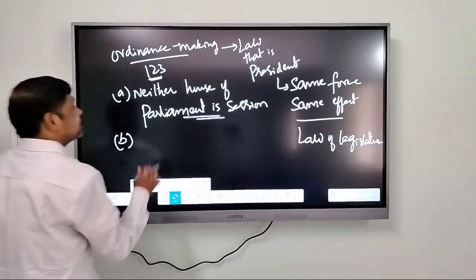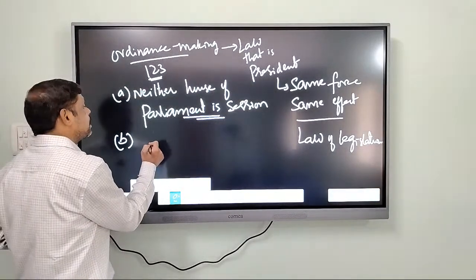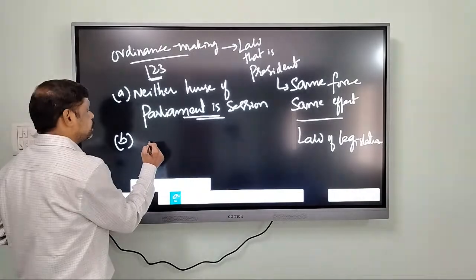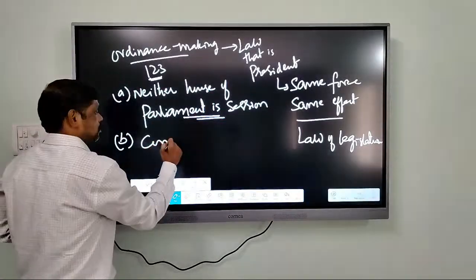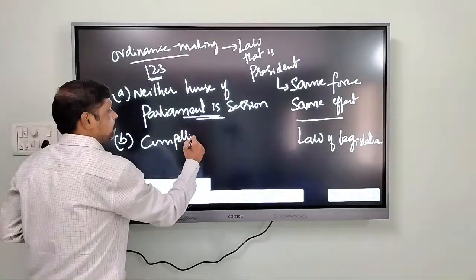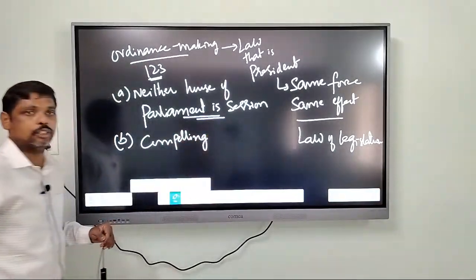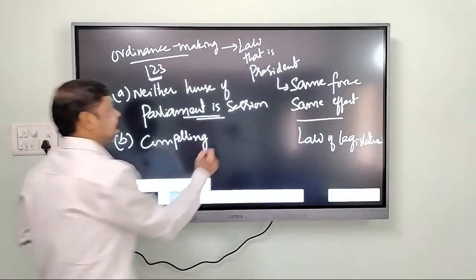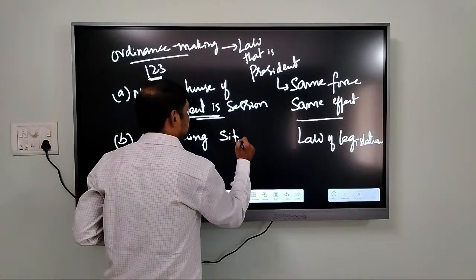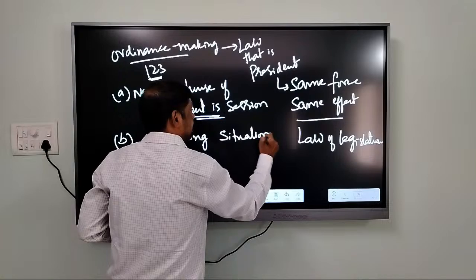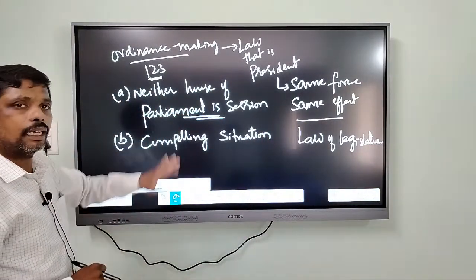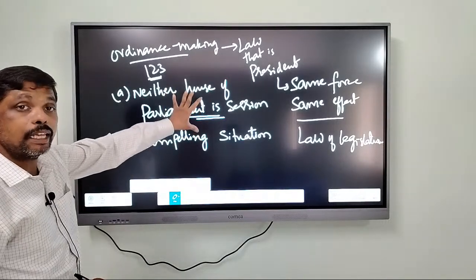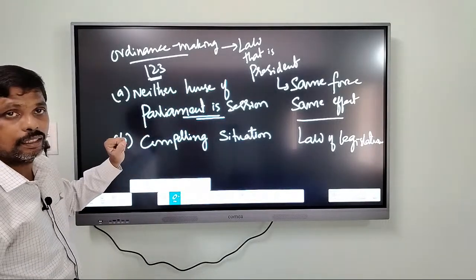And this ordinance is issued when there is a demanding situation, when there is a compelling situation, a situation that requires a law of parliament, any situation which requires immediate law of parliament, right.